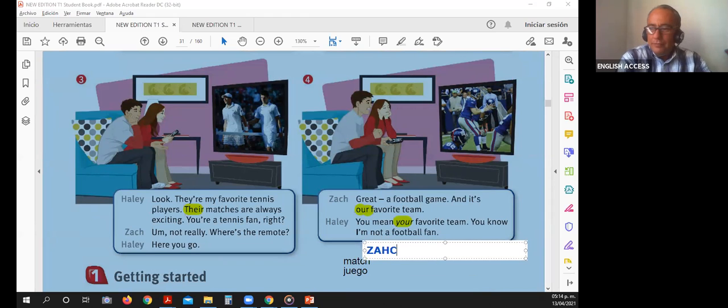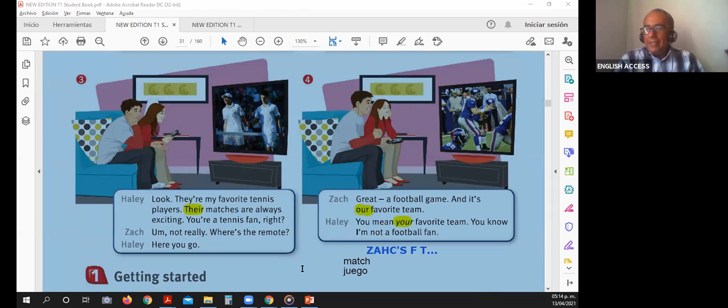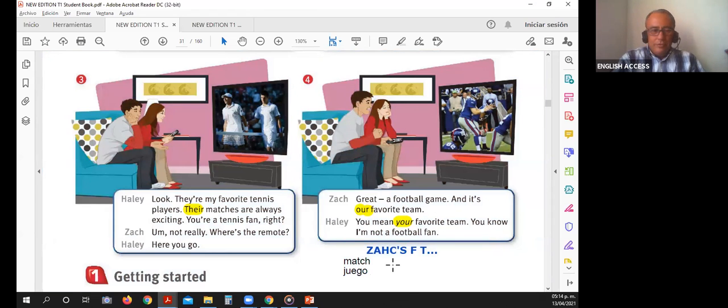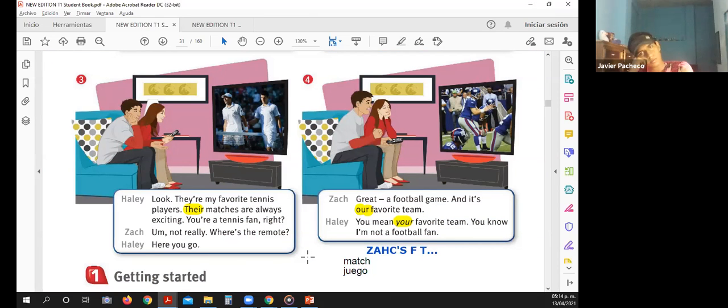Zach's favorite team. And that is another way to give the same information. Zach's favorite team. We add the apostrophe s. Is it more clear for you now?